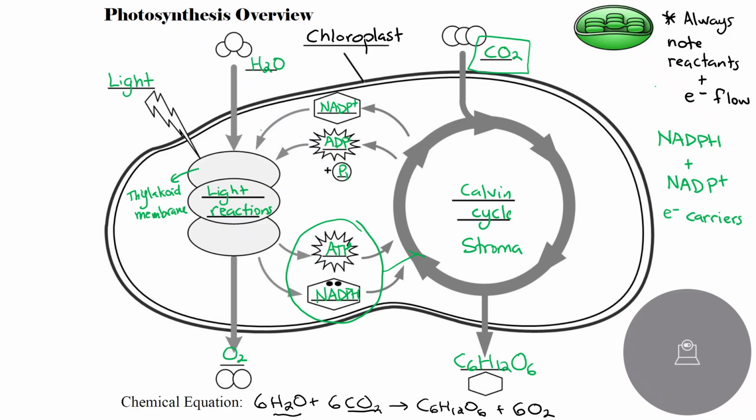Since electrons cannot freely travel without the interactions on molecules, they need to be safely carried to the desired reaction. So these guys are considered to be the carriers or vehicles in which they transport electrons to a specific reaction. So that's what NADPH and NADP plus are.